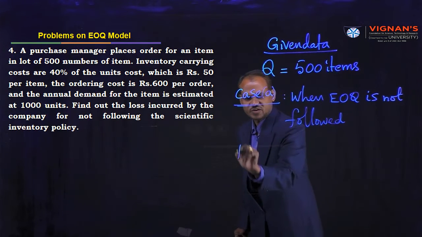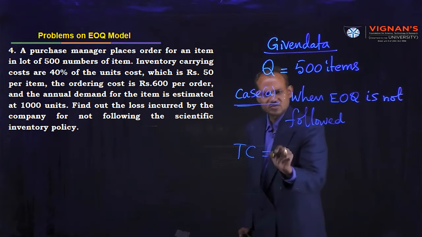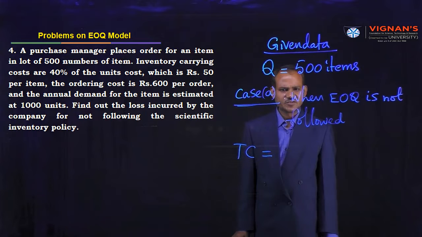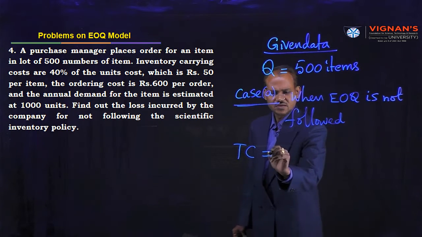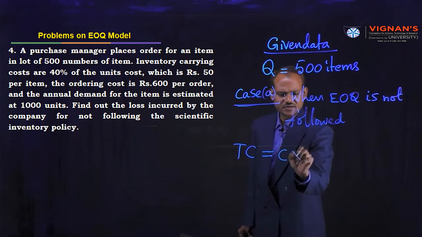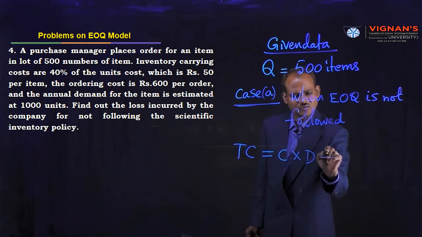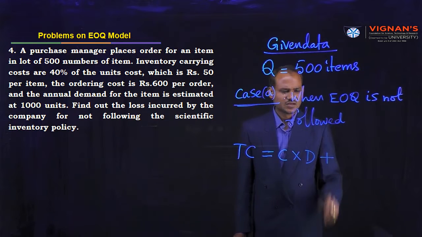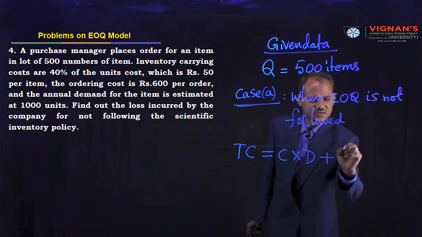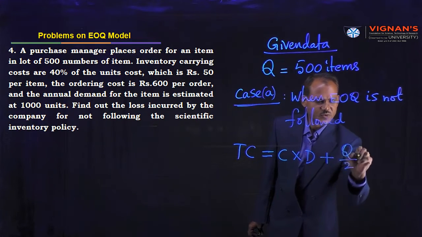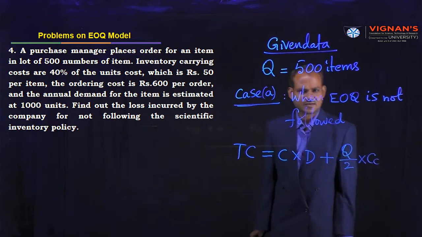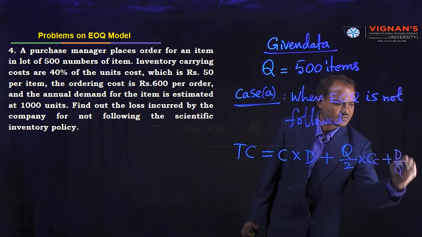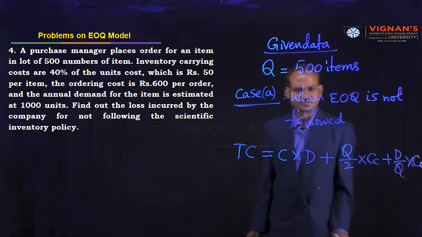Total cost, what is the formula? Total cost is equal to, everybody knows that, C into D. It is nothing but the total material cost in a year. Next, carrying cost, Q by 2 into CC, plus D by Q into C naught.